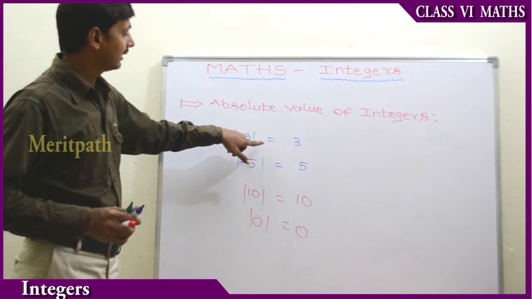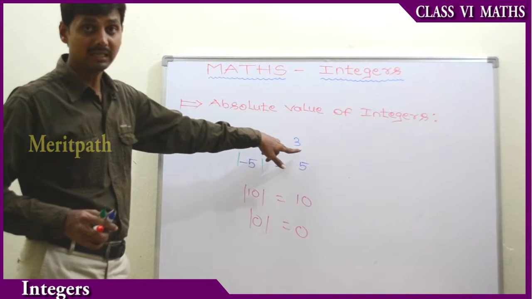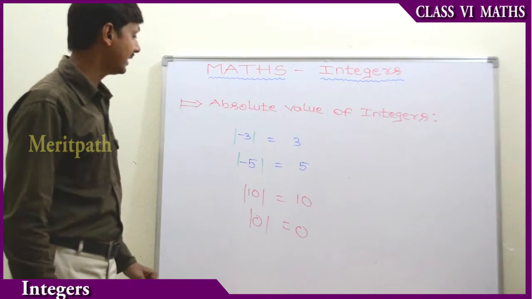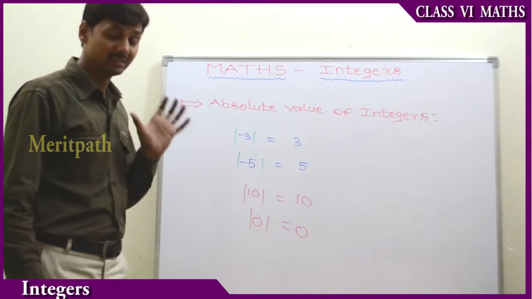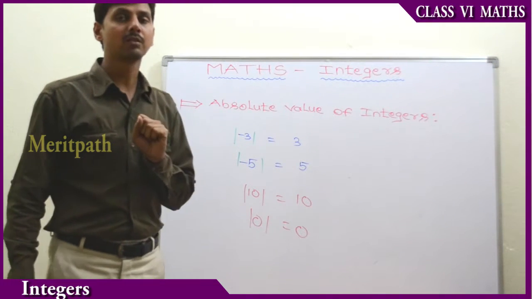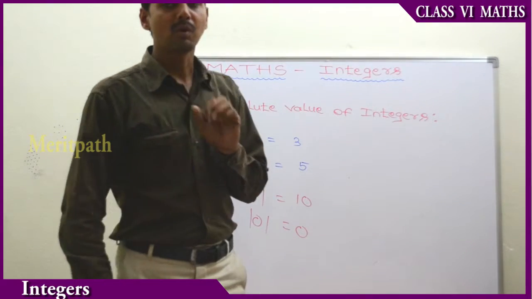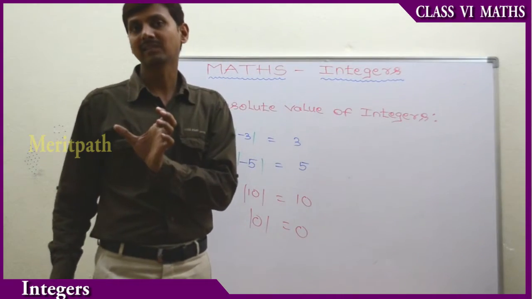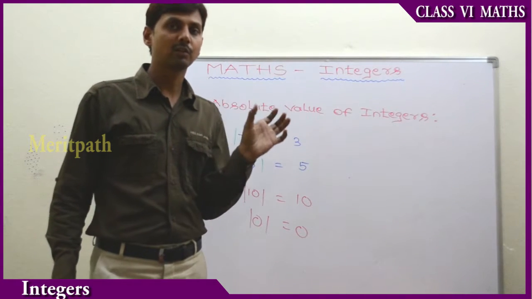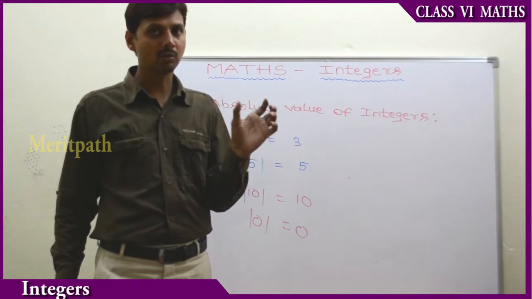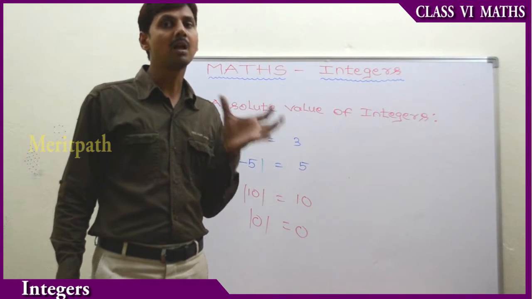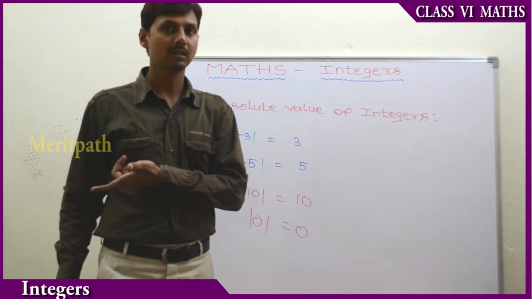So the modulus of minus 3 is 3, the modulus of minus 5 is 5, the modulus of 10 is 10 and the modulus of 0 is 0. The condition is that the absolute value of any positive number or 0 is the same number, and the absolute value of any negative number becomes its positive value.